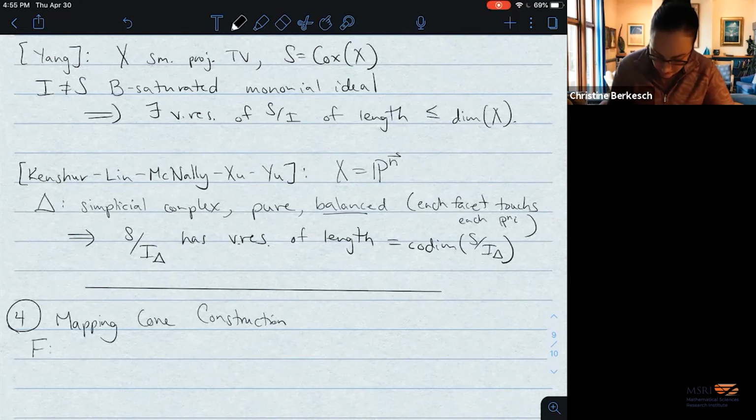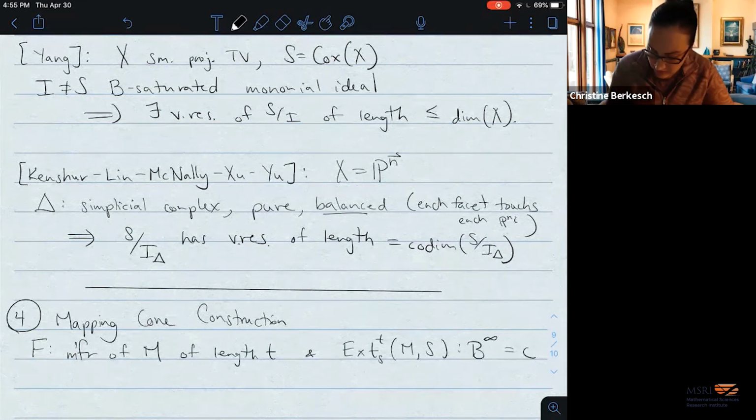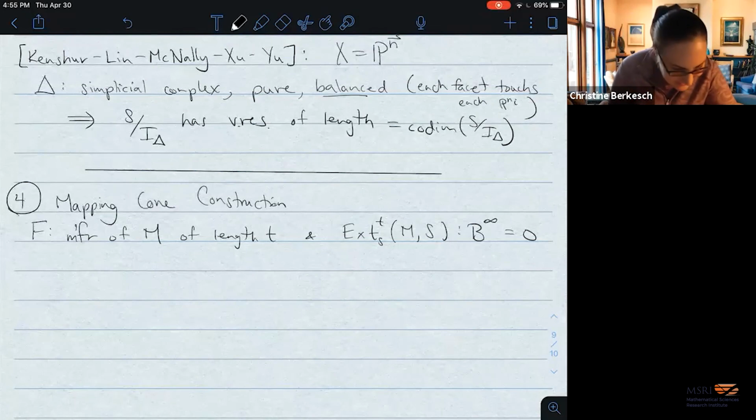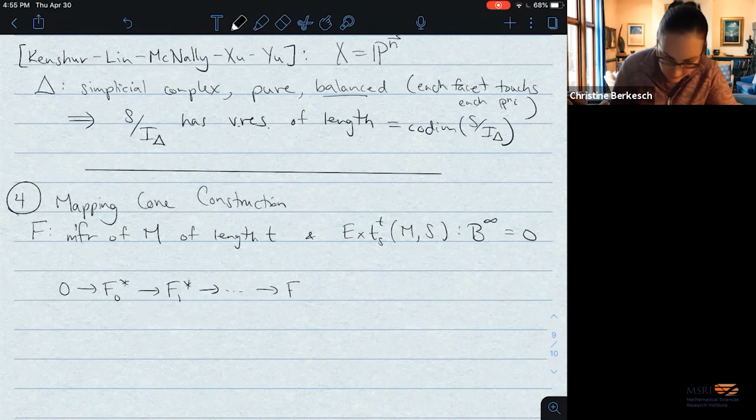So if I start now with my minimal free resolution F of M, say of length T, and I know that my last module is fully irrelevant, then I can use that. Let's see, I'll read Megan's question in a minute. Okay, so I can dualize my F to get something that looks like this. T minus 2.